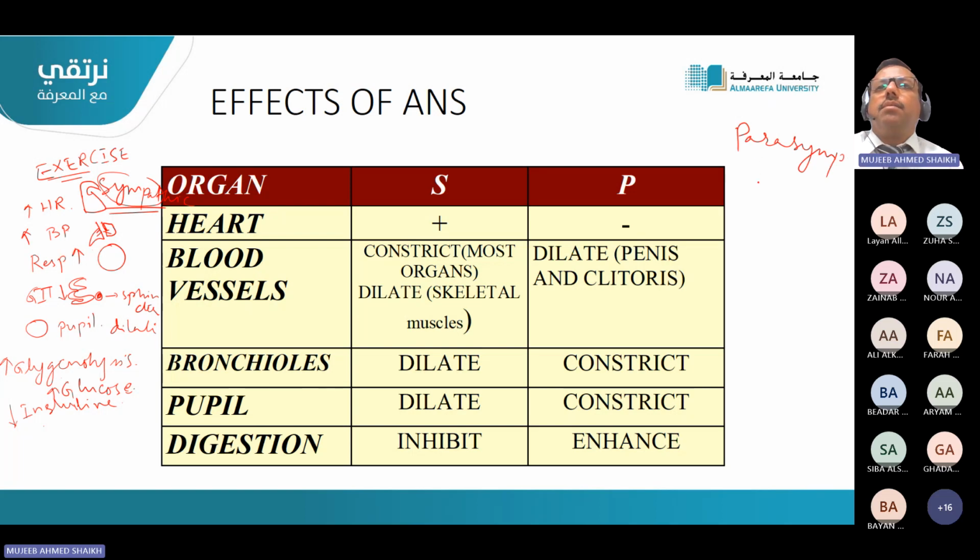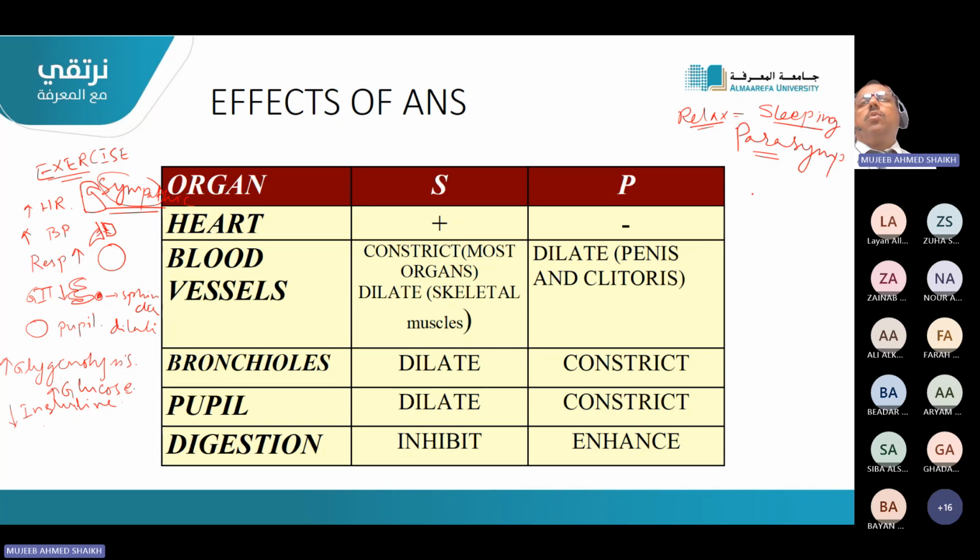During parasympathetic stimulation, what is happening to the heart rate? Decrease. Instead of parasympathetic, you can say you are chilling at home, just sleeping or relaxed. It is the same as parasympathetic stimulation.